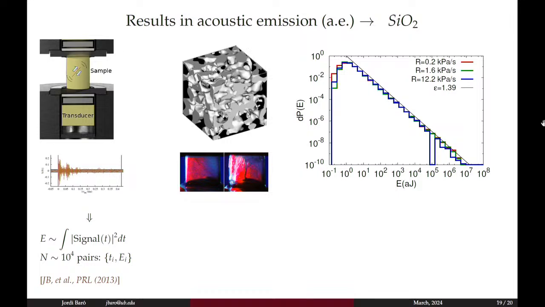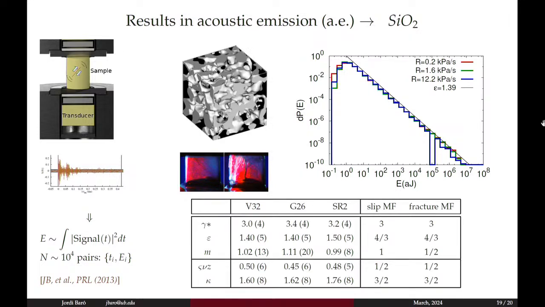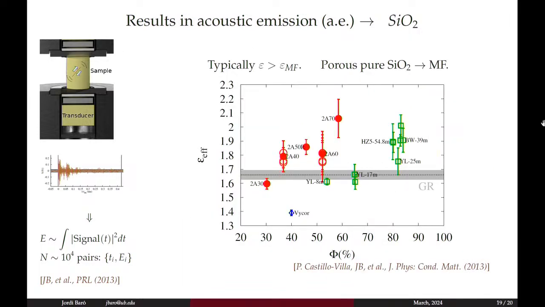And what we observe, again, is this power law distribution of energies with an exponent that is quite close to what is predicted with mean field theory. So essentially, this is what we would expect. This reports a little bit higher than 1.5, but we are very close to these mean field predictions. What happens is that when we try different materials that are softer, instead of going down, the exponent goes up.